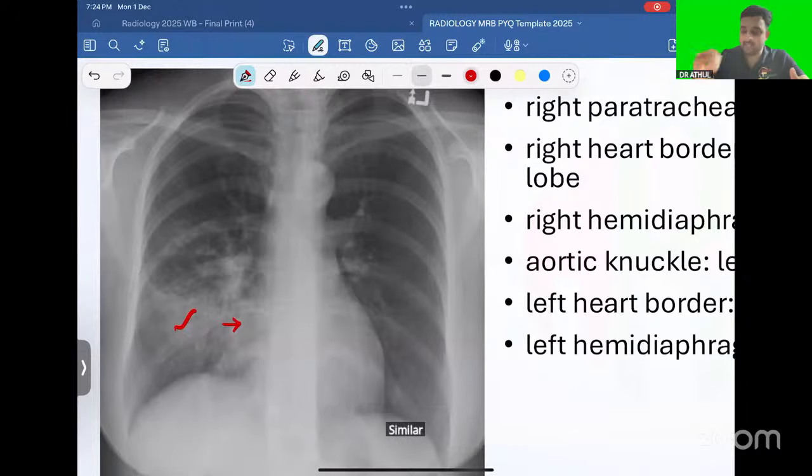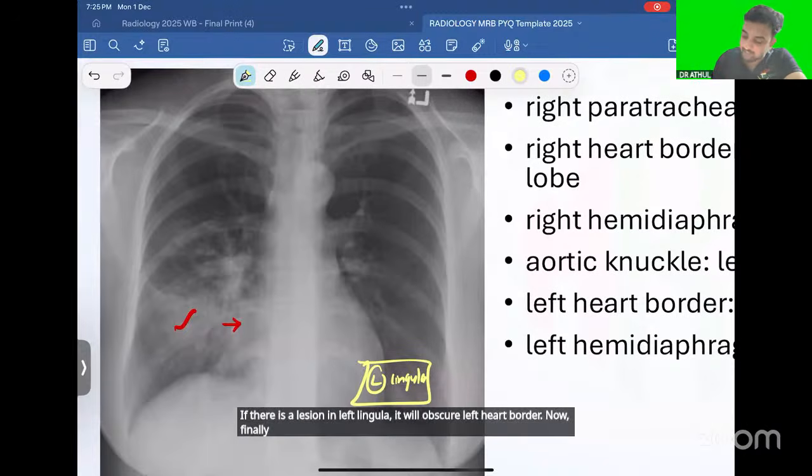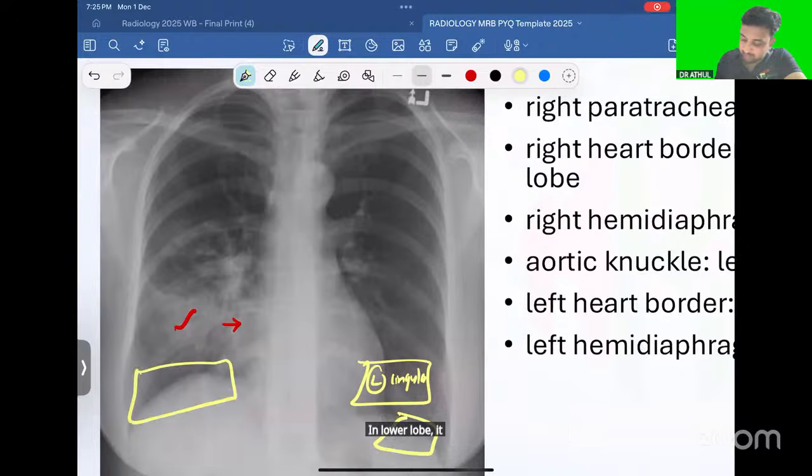Similarly, if there is a lesion in the left lingula, it will obscure the left heart border. Finally, if there is a lesion in the lower lobe, it will obscure the diaphragm.